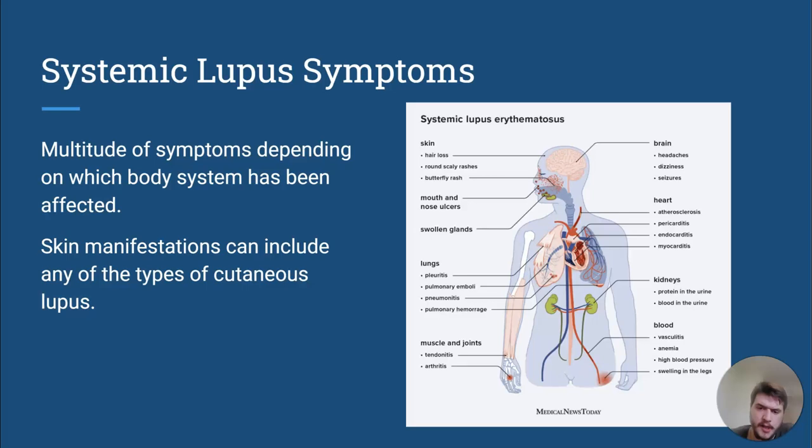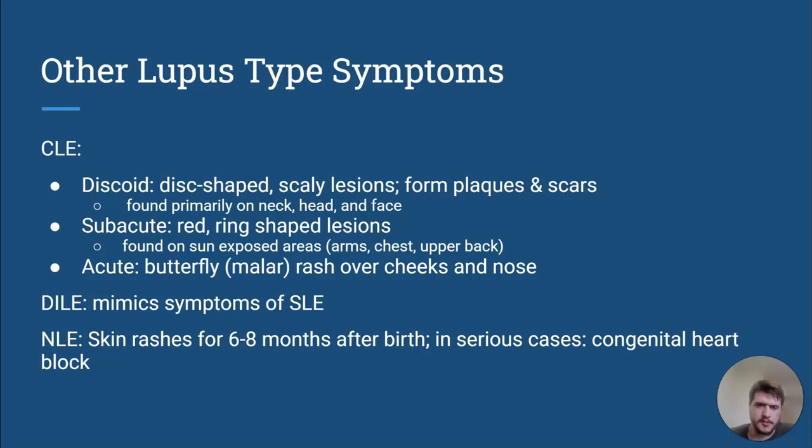And then you don't necessarily present one form of lupus at a time. Systemic lupus can see multiple different forms of cutaneous lupus occur. And each of those different subtypes of cutaneous lupus presents in its own different skin rash.